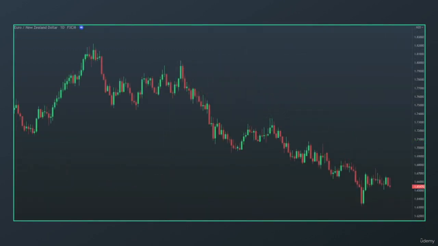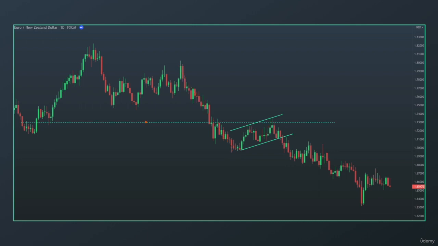Another example, Euro NZD daily time frame. After this upside move, price reversed to the downside. Impulsive, corrective, then an impulsive move creating a lower low, and then it entered into a corrective phase that formed this bearish flag pattern.